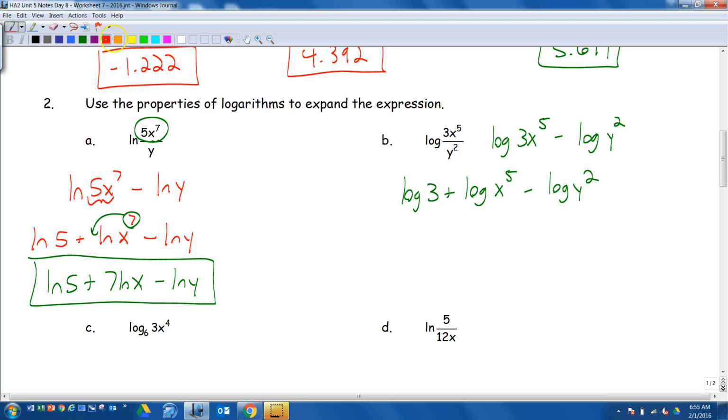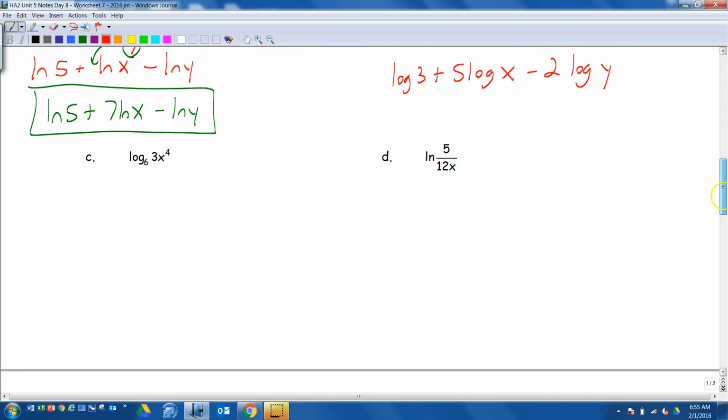And the final step for expansion is bring all the powers down that you can. So I get log base 10 of 3 plus 5 log x minus 2 log y. Now, if you can evaluate the number, I want you to do that as well. But none of those evaluated nicely, so we're not going to do that.